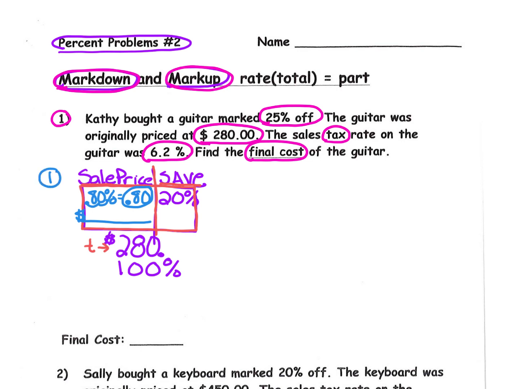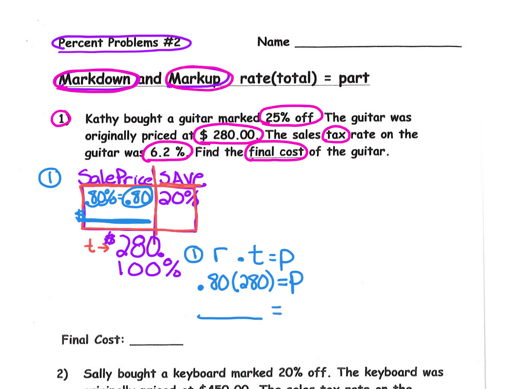So, with a complete tape diagram, we're going to calculate the sale price. Pause if you need a little bit more time, but let's move on if you're ready. R times T equals P. We know we're paying at a rate of 80% or 0.80, and we're going to multiply that by $280.